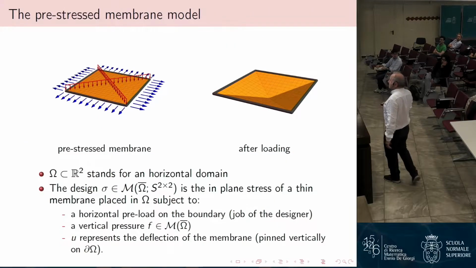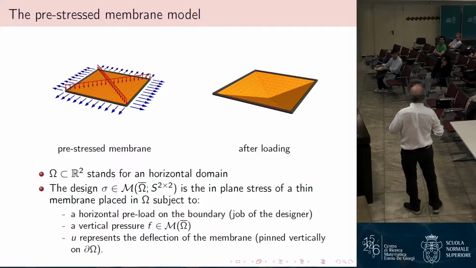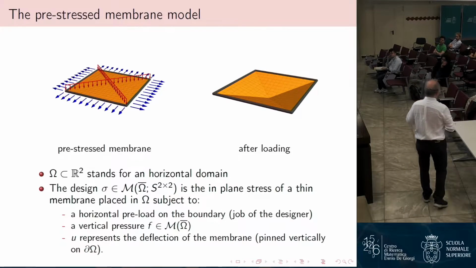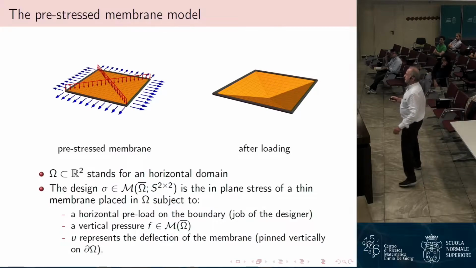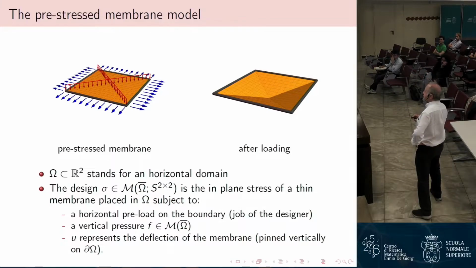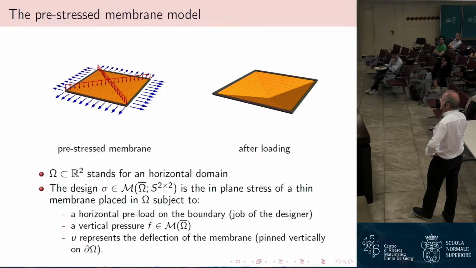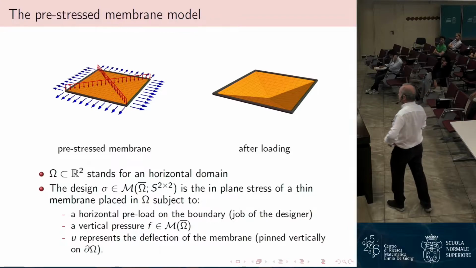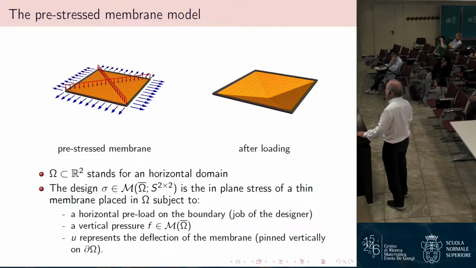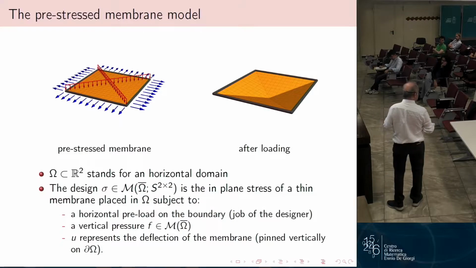Okay, so what is the pre-stress membrane? There are three models which are equivalent. I described the first one only. You have the pre-stress membrane problem. So the design, as I said before, is now a tensor valued function where the sigma has to be positive. It corresponds to the pre-stress in the membrane.